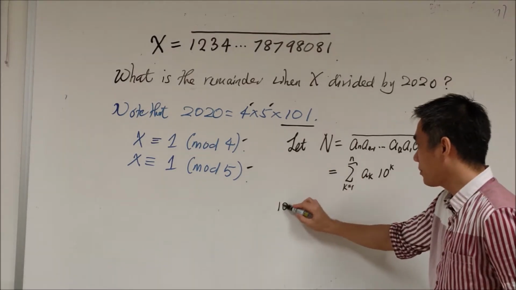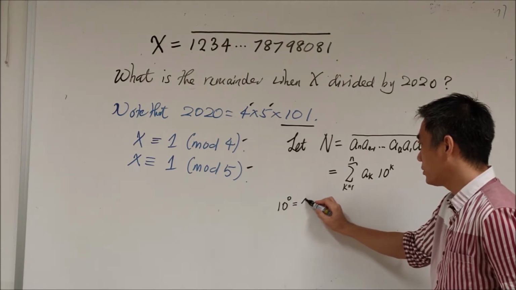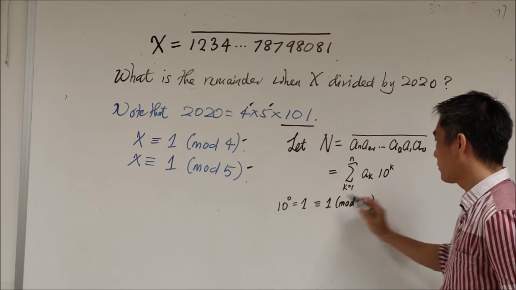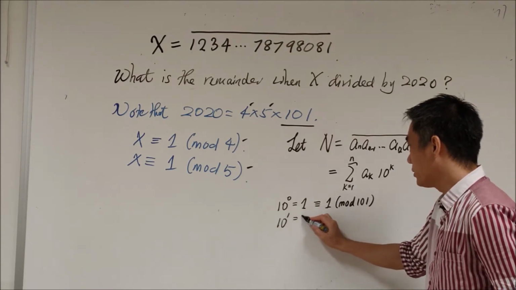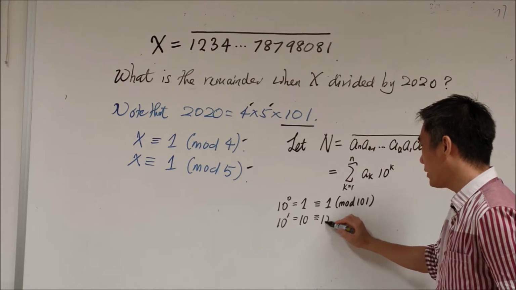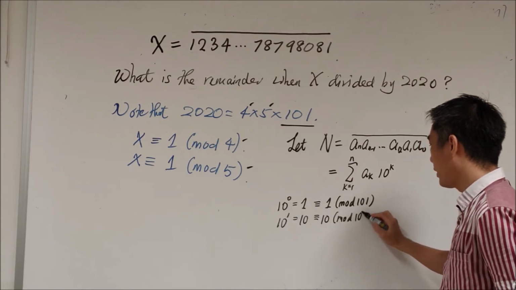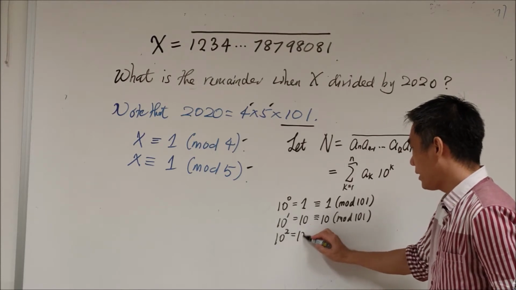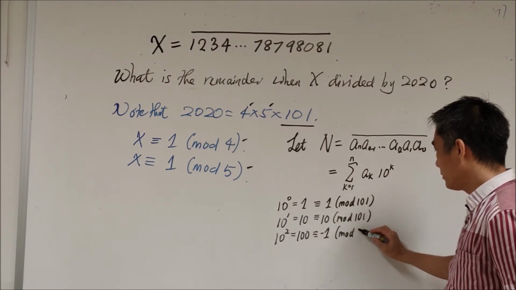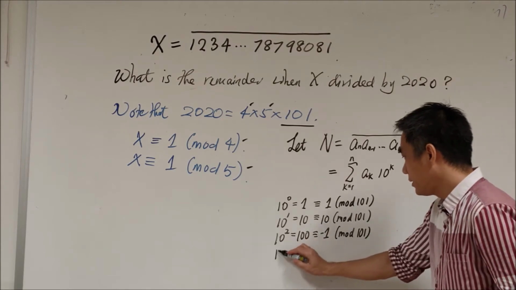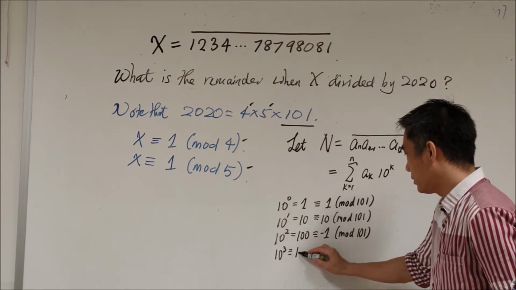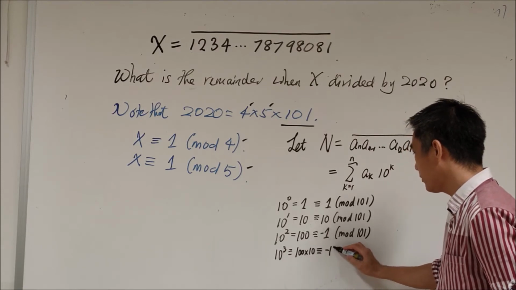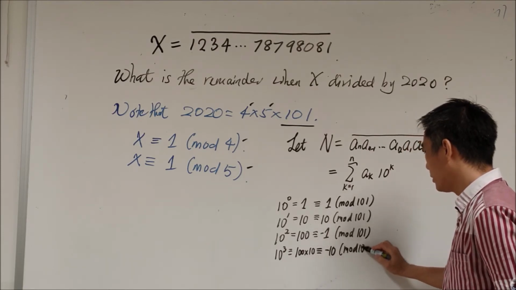First of all, 10 to the power of 0 is equal to 1, which has remainder 1 when divided by 101. 10 to the power of 1 is equal to 10, which has remainder 10 when divided by 101. 10 squared is 100, which is congruent to negative 1 mod 101. 10 to the power of 3 is 100 times 10, which is congruent to negative 10 mod 101.